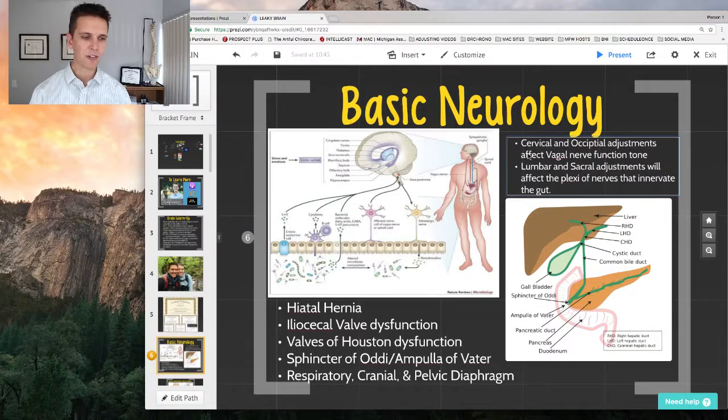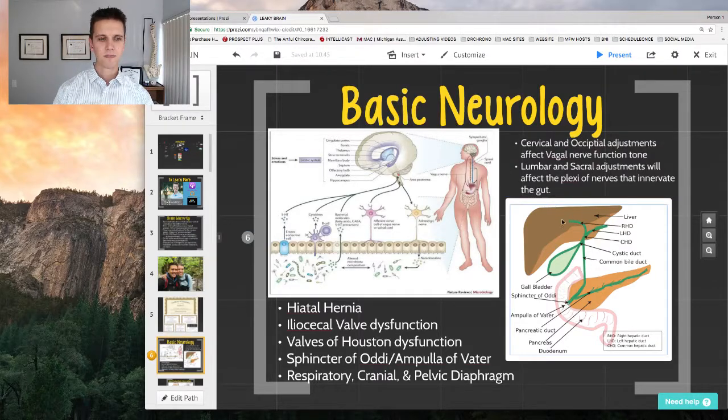All right, so what I want to illustrate here is how the vagus nerve innervates every component of our digestive system and our digestive organs, okay? So let's unpack that. What is the vagus nerve? There are 12 cranial nerves, and the vagus nerve is number 10, okay?